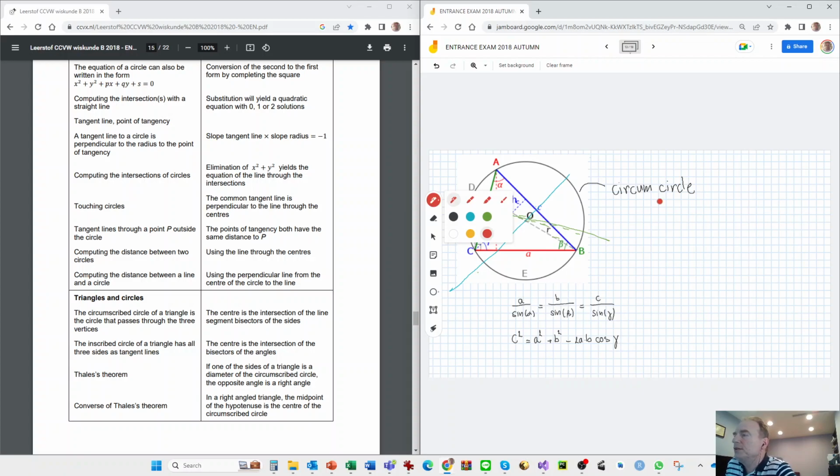It's a little bit messy, but I think you get the point. So now I do it for segment A. So they all cross here in the center of the circumcircle. That's what I'm stating here, and apparently something that you need to know.